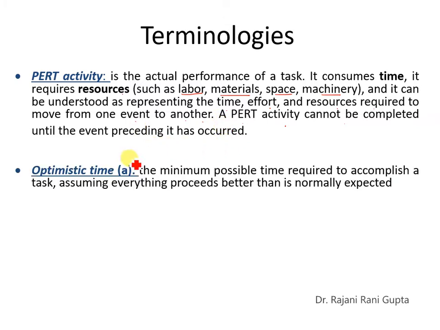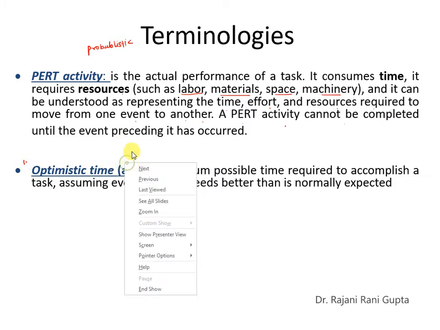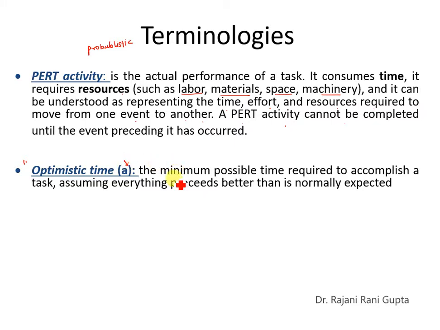Now, as we say that PERT is a probabilistic approach, we are going to deal with different time estimates. One of them is optimistic time. We are going to use the notation A as per our textbook. How is it defined?